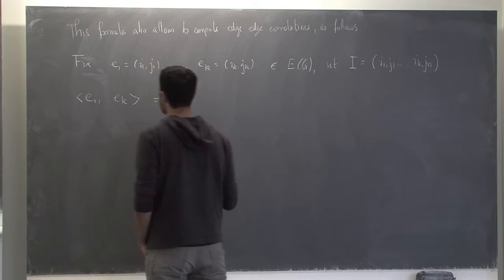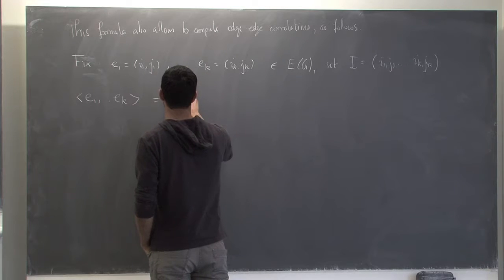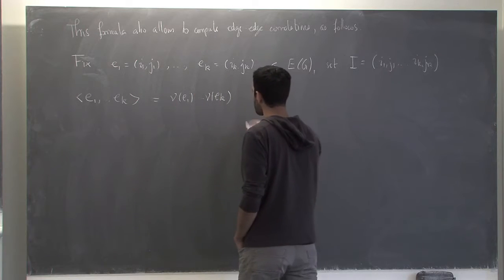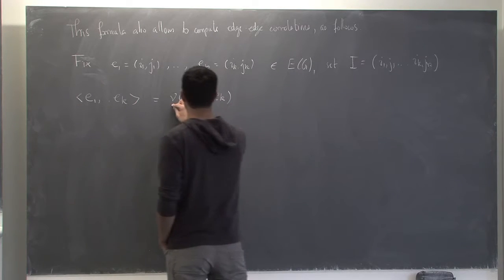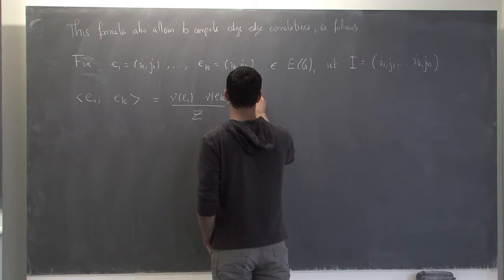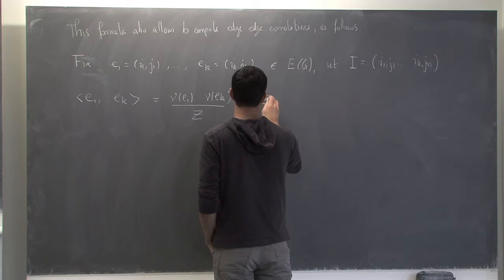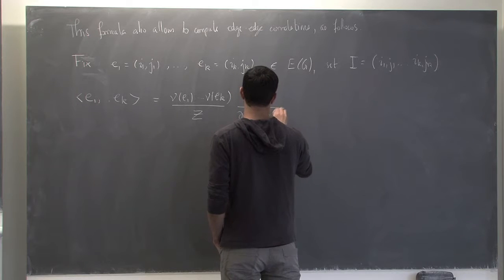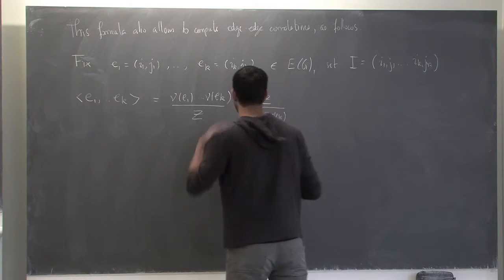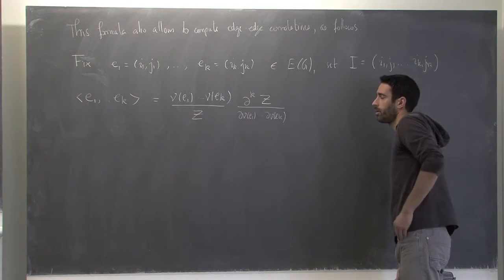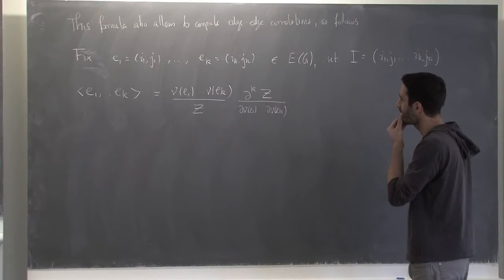And we had already seen that this can be given by the product of the weights over Z times the partial derivative of the partition function with respect to these weights. Right, we had seen this.